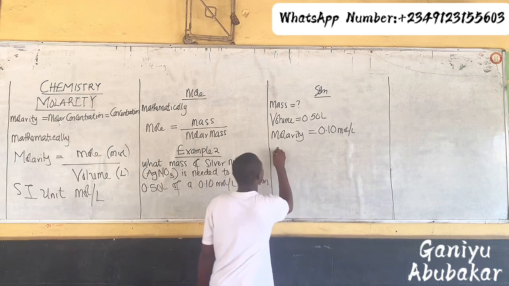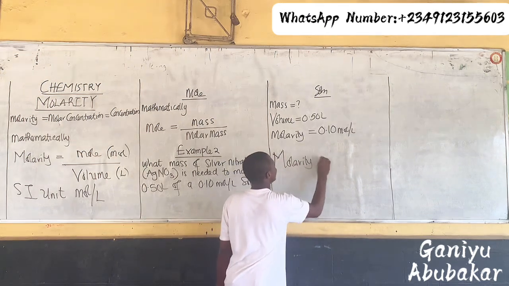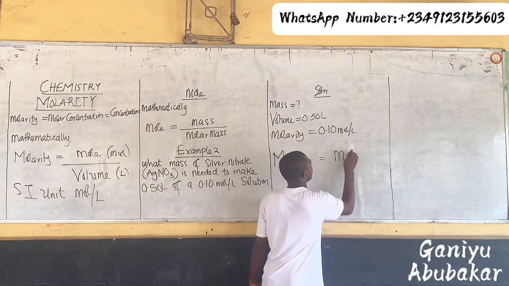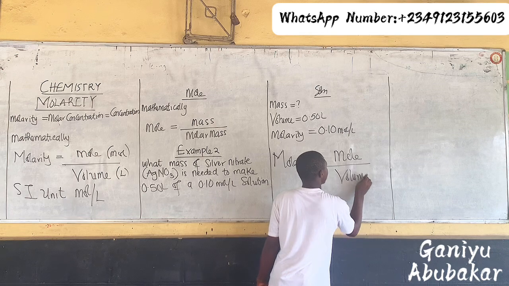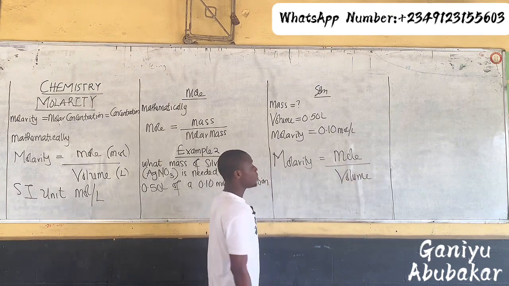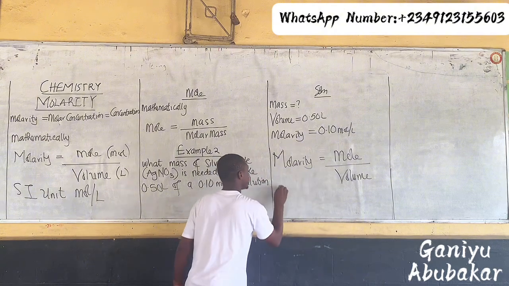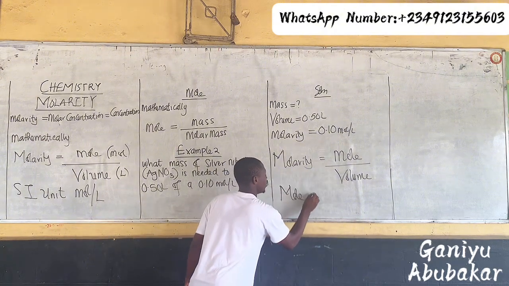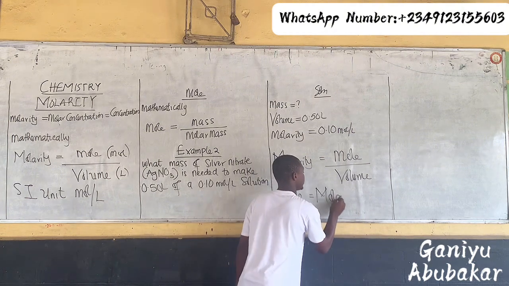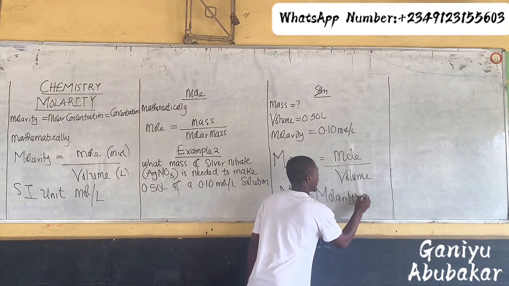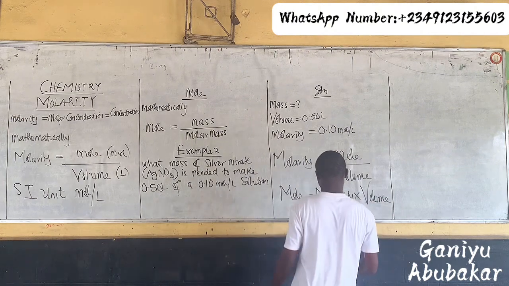We know that molarity is equal to mole over volume. Let's get mole first. If I multiply here, I'll have that mole is equal to the product of molarity times volume.